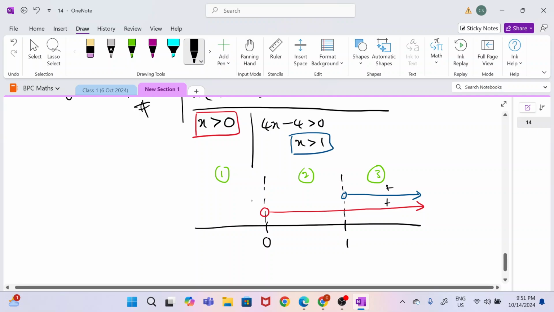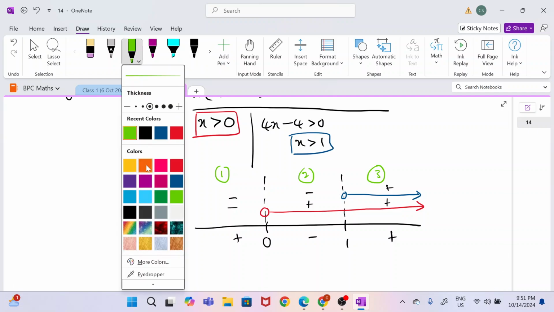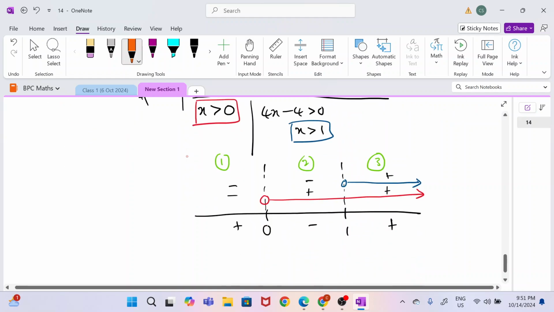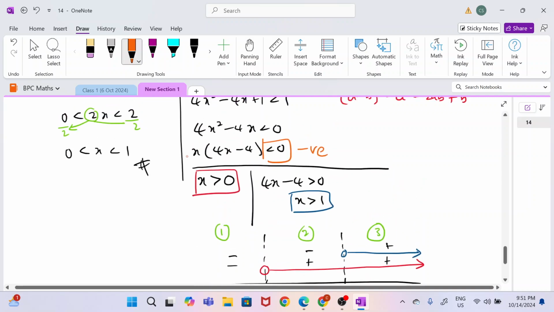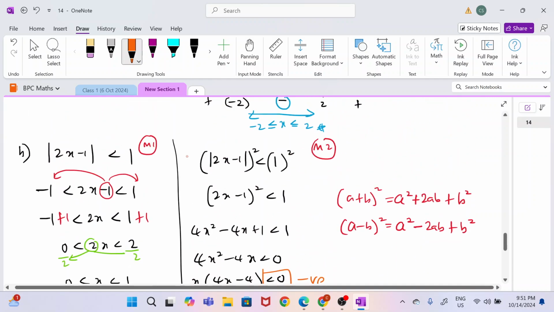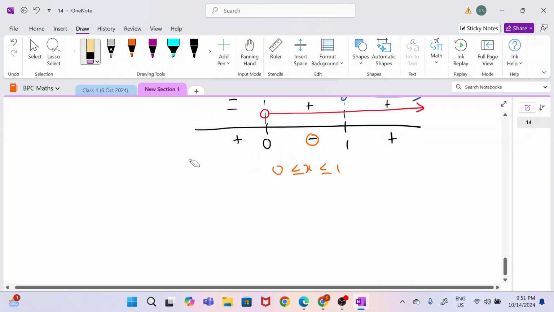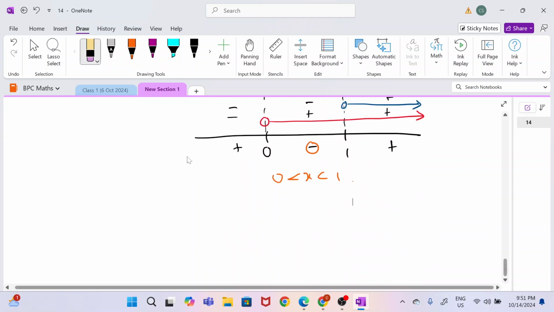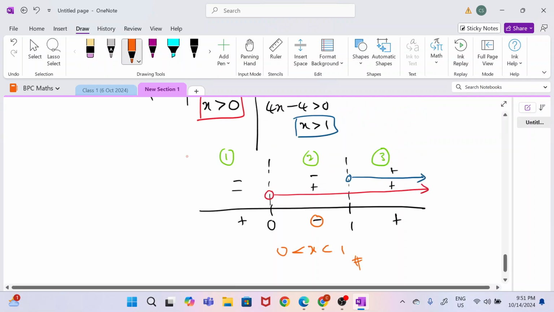Plus, plus, minus, plus, minus, minus, this one plus, minus, plus. What we need is negative. Negative means we choose negative here. So x is in between 0 and 1. There's no equal there, so let it be like this. This is the answer. The same answer you get here.